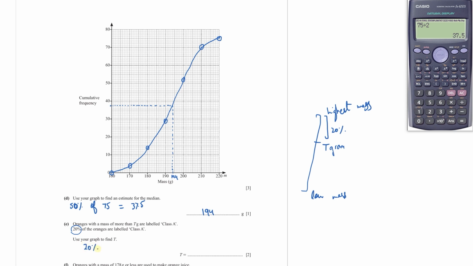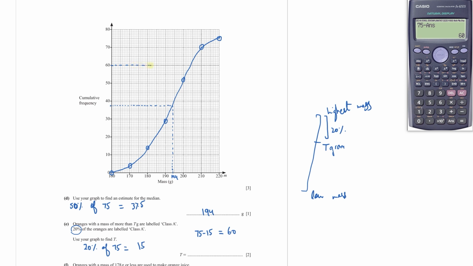So let me first find this 20%. 20% of 75, which are the total oranges, will be 0.2 times 75. This is 15. So if you subtract 15 from 75, 75 minus 15 will be 60. So that means I have to look for the value when cumulative frequency is 60.